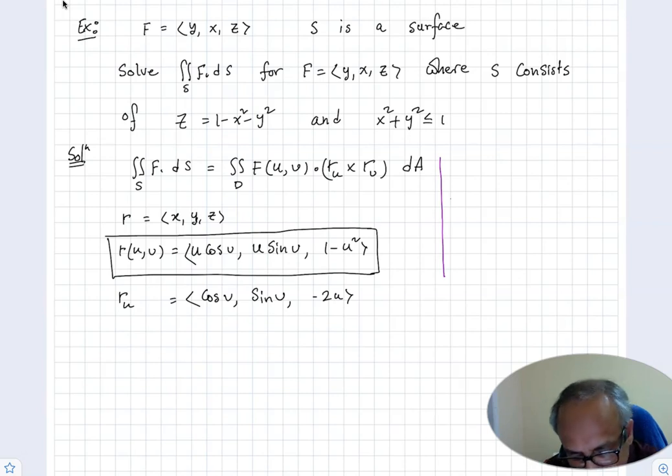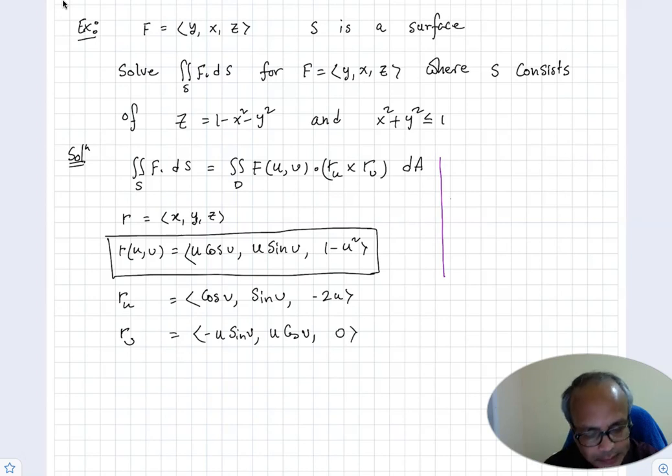So you differentiate with respect to u. Now you differentiate this with respect to v. So once you differentiate with respect to v, you get u, which stays constant, sin v, u cos v, and third component 0. Okay.